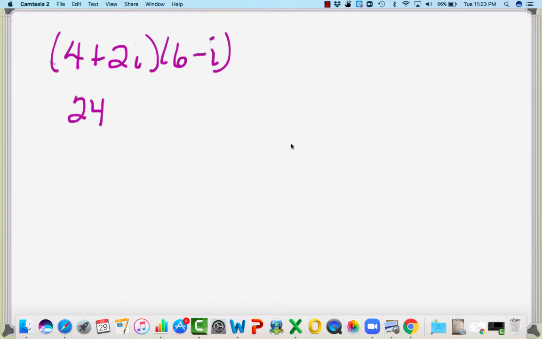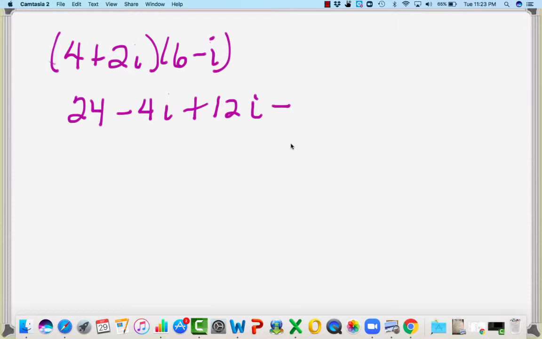One last multiplication problem might look like this. So say we have 4 plus 2i times 6 minus i. Well, now we're multiplying a binomial times a binomial, so we would FOIL this out. So I'm going to get 24 minus 4i plus 12i, then minus 2i squared.